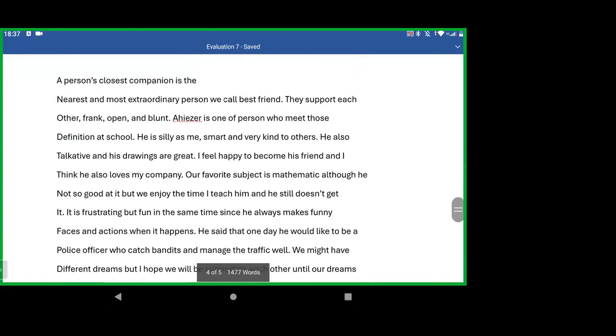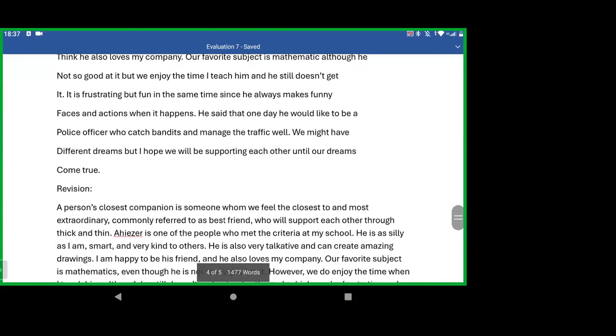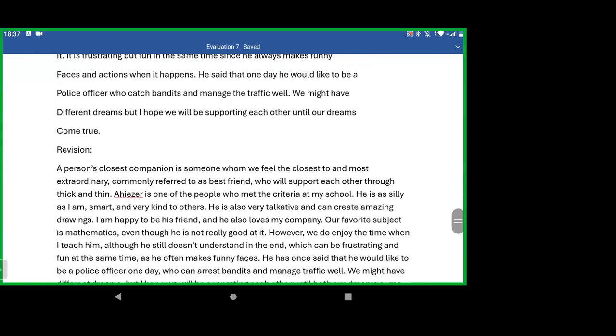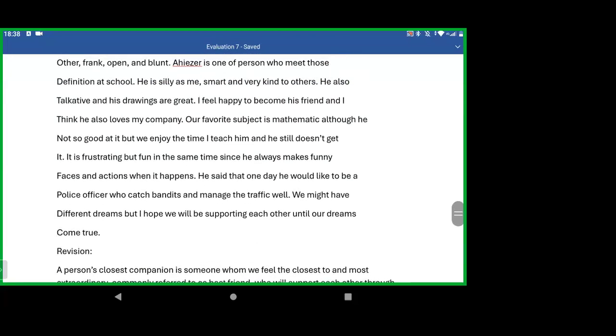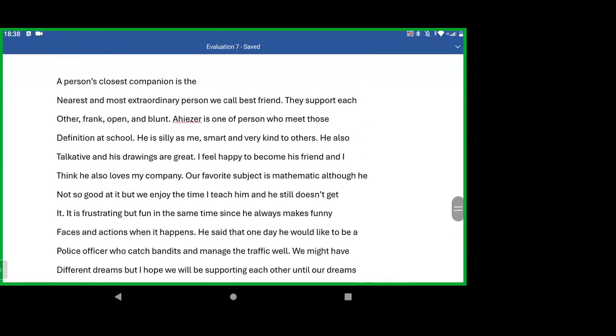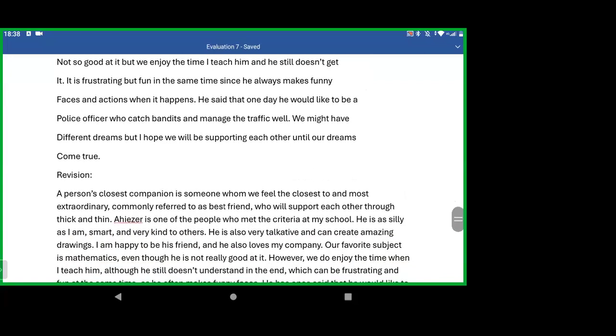So next one, they support each other, frank, open, and blunt. Instead of putting a full stop, I make this a comma, like a conjunctive form, combining the sentence: who will support each other through thick and thin. Thick and thin is an idiom usually used for friends who will support each other through hardship and happiness and everything.